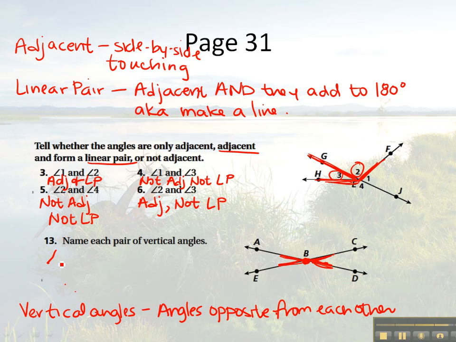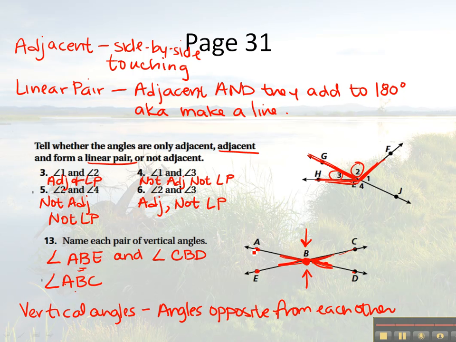So angle ABE. The vertex, or the corner, is always the middle letter. And the other angle would be CBD. Okay, so that's one pair of vertical angles. The other one would be here and here. So it would be angles ABC.